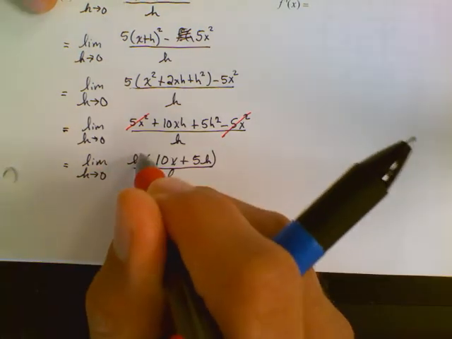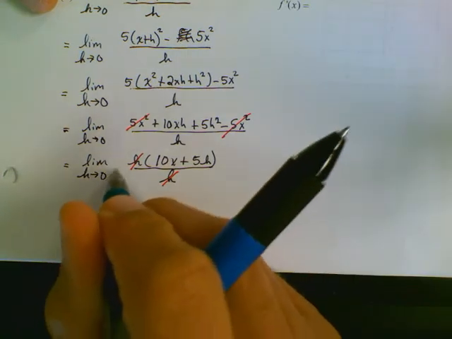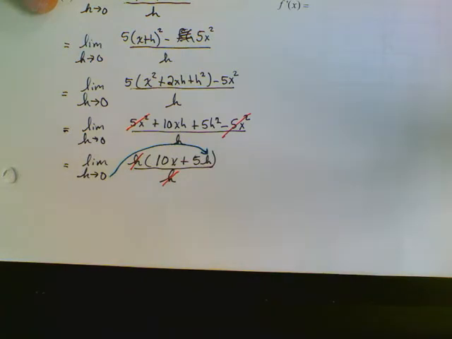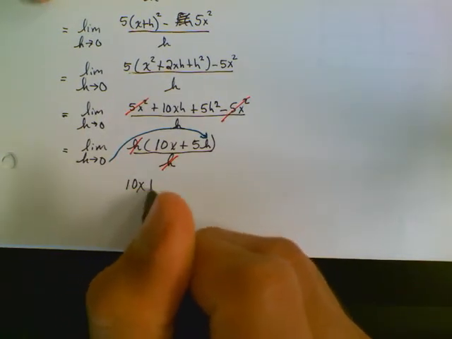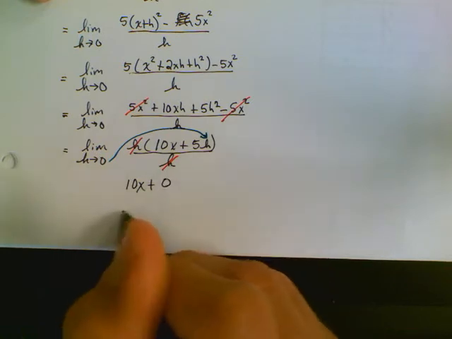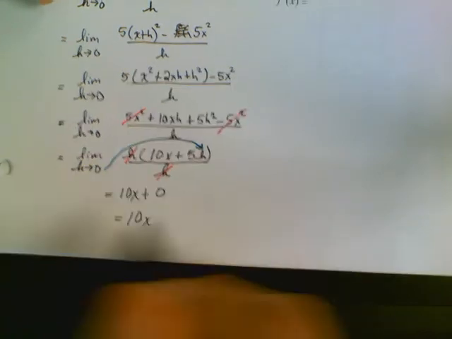And what happens is the h's can cancel. And when the h's cancel, I can drop in the 0 for h. If I drop that 0 in, then it's basically just 10x plus 0. And I just get 10x. So what is 10x? Well, 10x is the derivative.